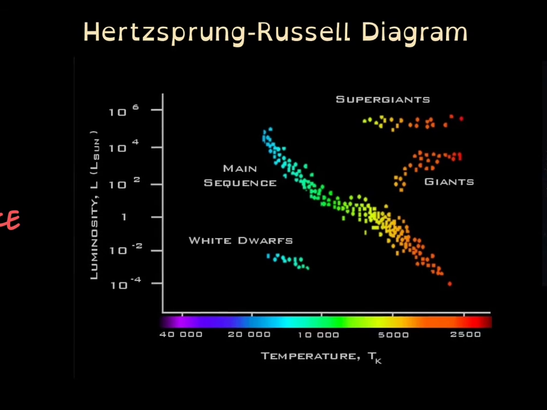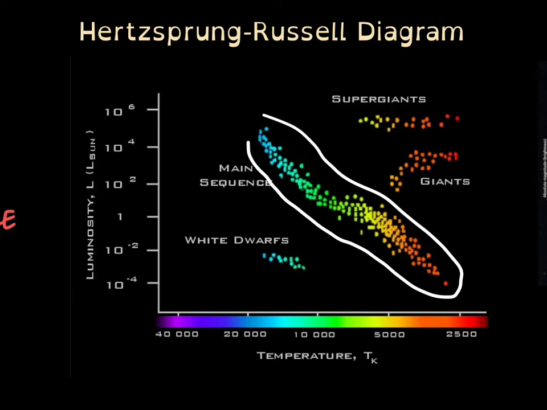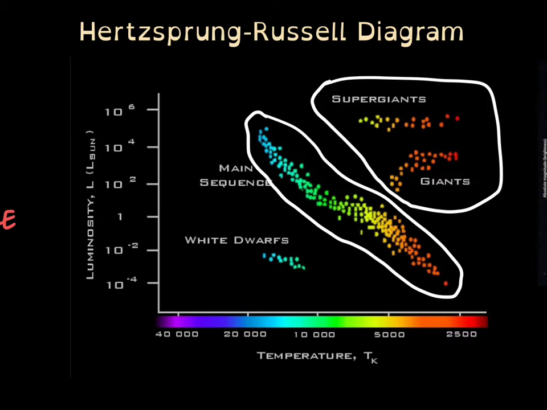So this is a color version of the Hertzsprung-Russell diagram, and in this color version we can start highlighting some areas here. Again, we can see that there's the main sequence. Most stars would fall within that, and if scientists map the temperature and the relative luminosity, and they find that the stars are up in the top right corner, that is to say they've got a low temperature but a very high luminosity, then these are what are called supergiants and giants.